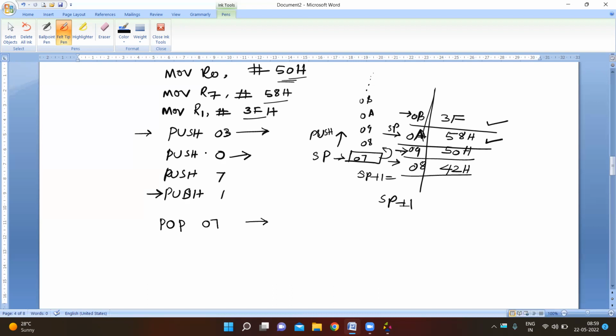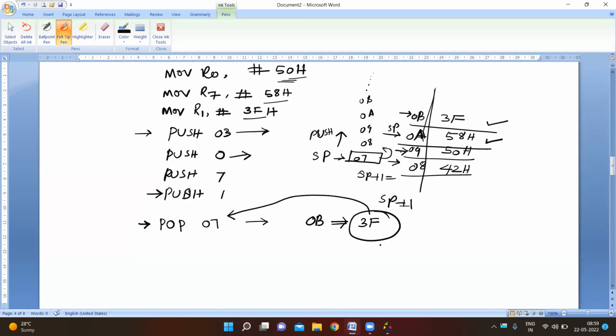Now see, while executing pop 07, the instruction will go to the stack pointer, which is pointing to 0B location, and in 0B location the contents are 3FH. Now 3F will be loaded onto 07 location.